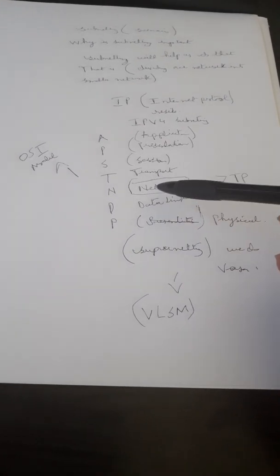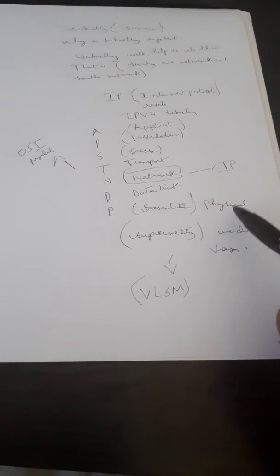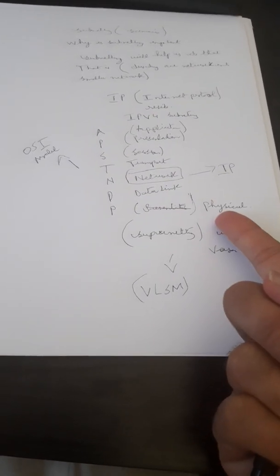But we always start from physical, data link, network, transport, session, presentation, and application. Anyone who's going to work in the field, start troubleshooting with physical. If you are going to fix a network, start from physical.